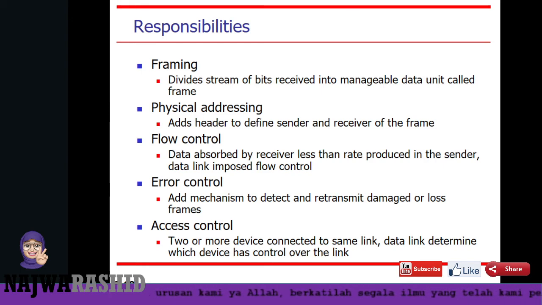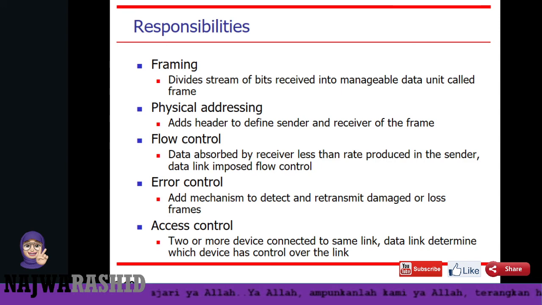We add a mechanism to detect and retransmit damaged or lost frames. Okay, so let's say you send the message hello, at the receiver side it should be received as hello, not hell. If your friend receives hell, that means you have a damaged frame or damaged data, damaged signal, or lost some frames during the transmission.